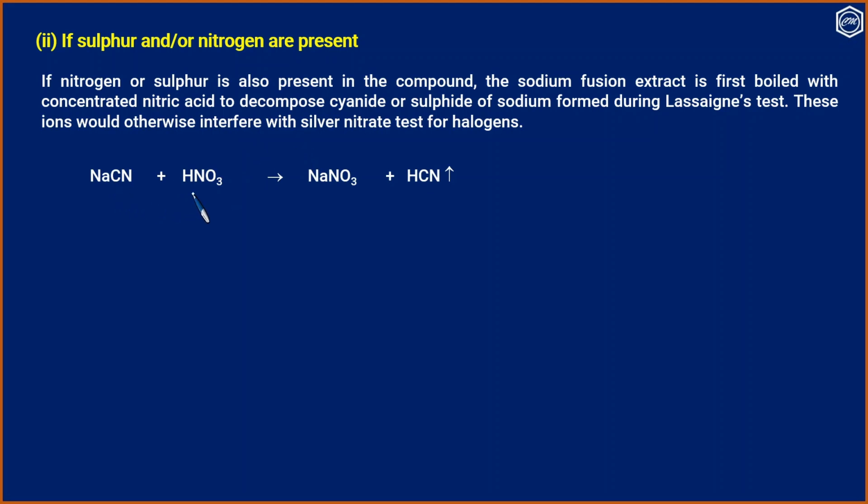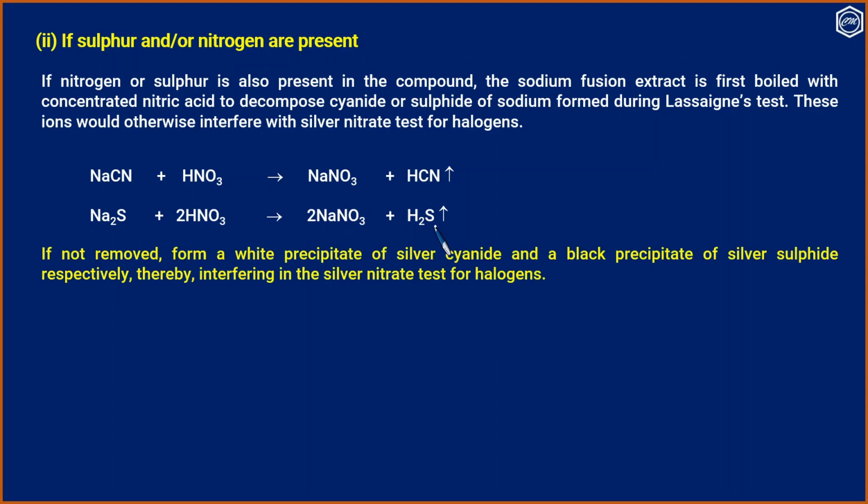So if sodium cyanide is present, when heated with nitric acid, it is converted to hydrogen cyanide and will escape from the solution. Similarly, when boiled with nitric acid, sodium sulfide, if present, will be converted to hydrogen sulfide, and that also will escape from the solution.